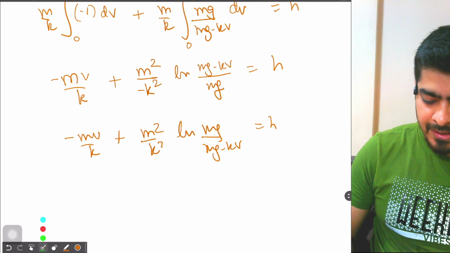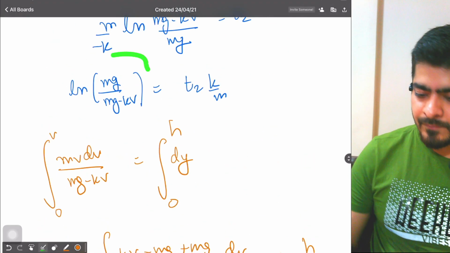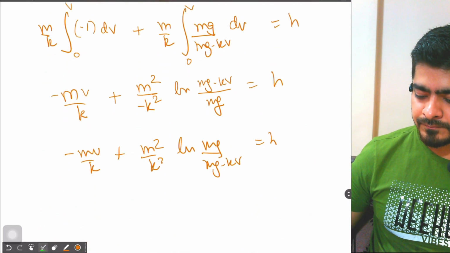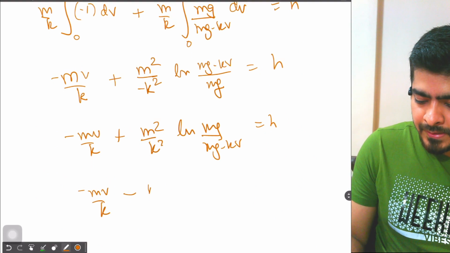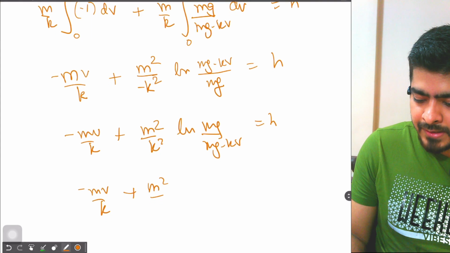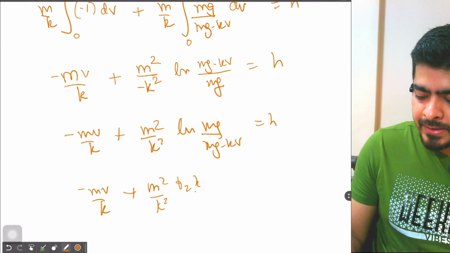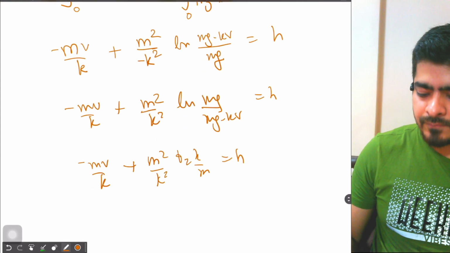So what is this ln mg by (mg minus kv)? That is equal to t2 k by m. So minus mv by k plus m square by k square times t2 k by m is equal to h.